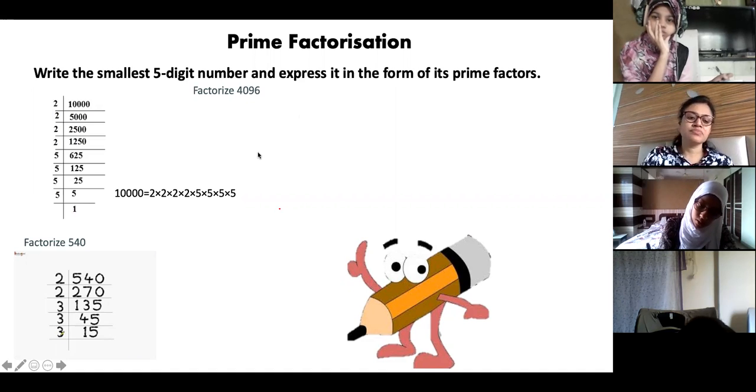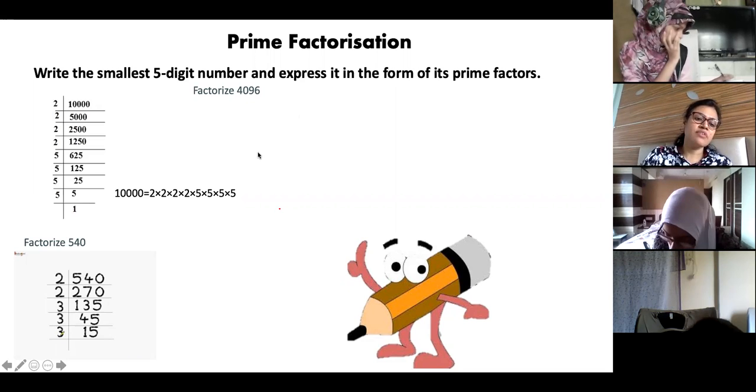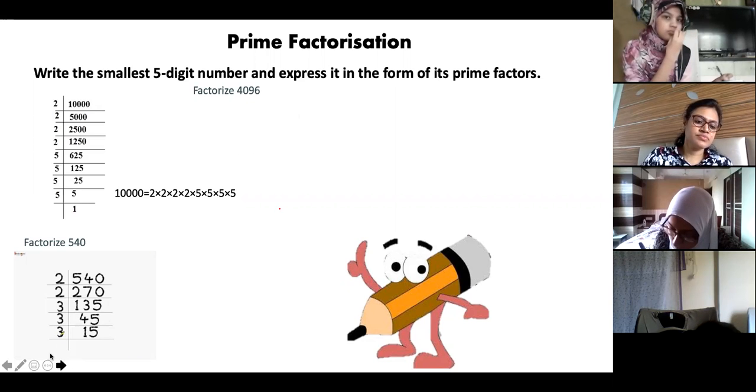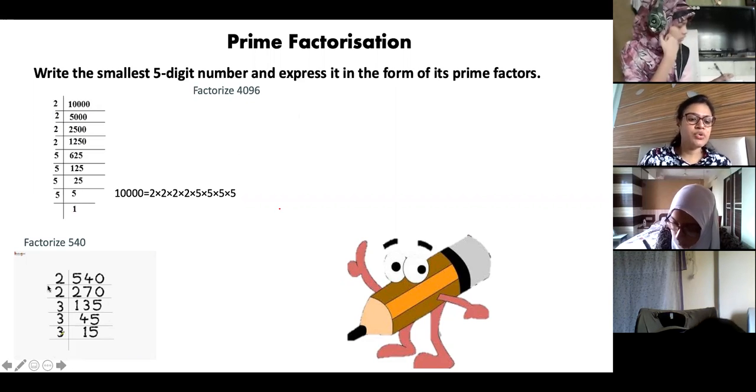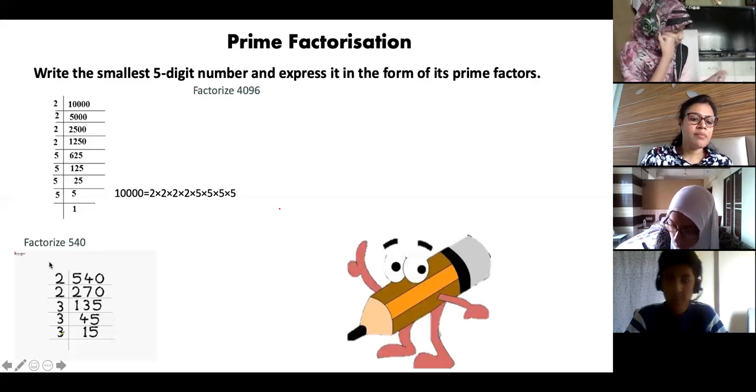Okay. Let others also find out the answer. How many 2s you are getting? Safia, you need to do it. Umera, are you doing? Yes, ma'am. 2 raised to 12. Ahmad?